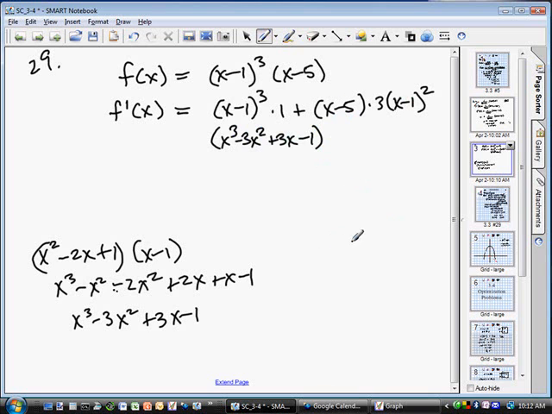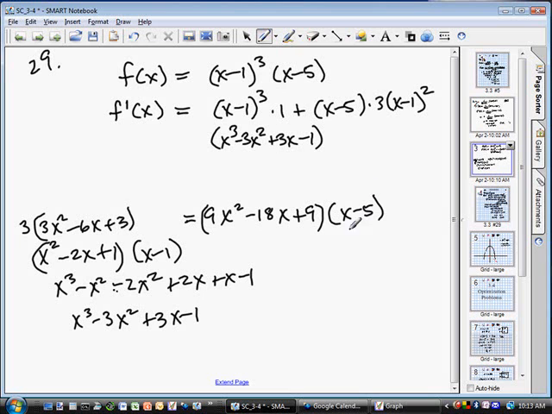So we got 3 times this, which is 3x squared minus 6x plus 3, multiplied by 3, which is 9x squared minus 18x plus 9. And now all of that has to be multiplied by x minus 5.